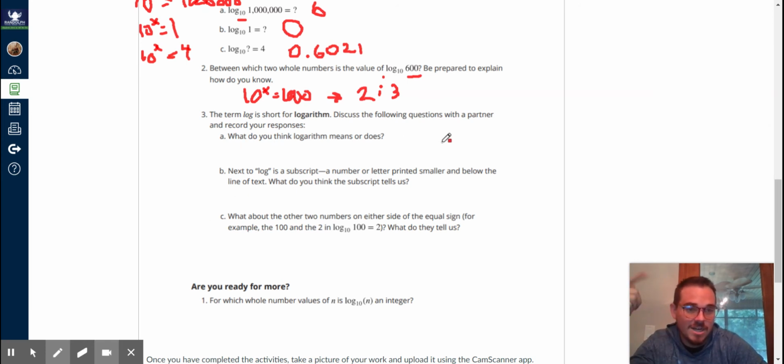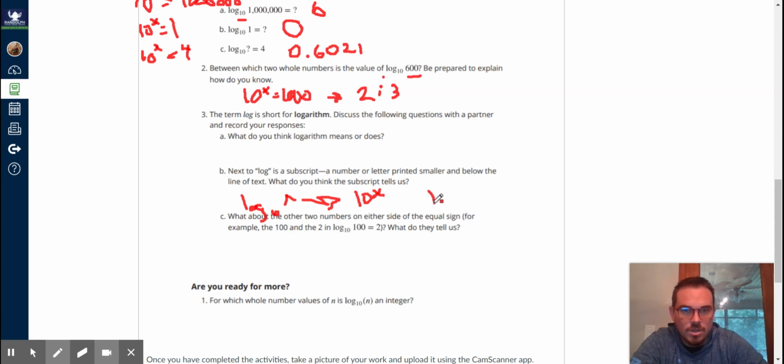It undoes exponentials. Next to log is a subscript. Subscript means the number underneath, a number or letter printed smaller and below the line of text. What do you think the subscript tells us? It tells us the base of the exponential. So like if it's log sub 10 of x, that is like saying 10 to the x.